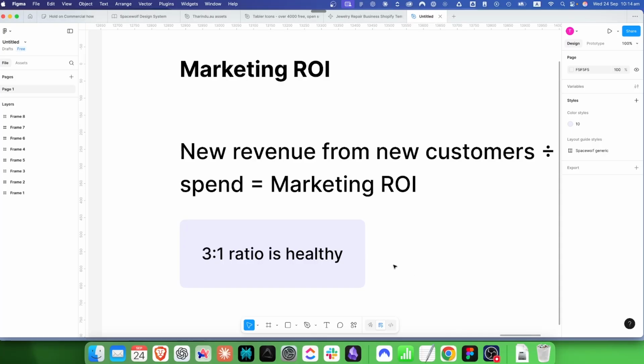But if you're 12 months into your marketing activities and you're seeing a low number here, specifically lower than a 1-to-1 ratio, then you have a problem with marketing, right? If it's higher, then it's really good. That means your marketing is somewhat optimized, so you can keep optimizing it or keep it as is to maintain this ratio, right?